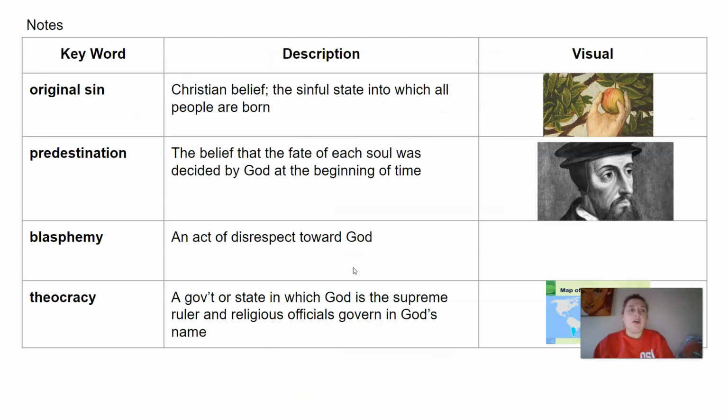All right. Original sin, predestination, blasphemy, and theocracy are our words today. There actually should have been 3 more, but I decided those aren't essential, so we're just going to keep it moving. Original sin is the Christian belief that all people are born into this sinful state. For the visual, the biggest piece of artwork that goes with this concept is Adam and Eve reaching for the apple.